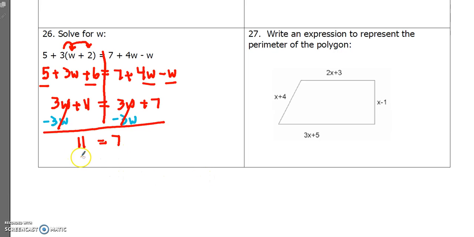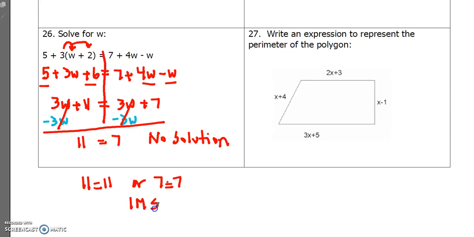If the two numbers are different from each other, that means we have no solution. If the two numbers were the same, that would mean we have infinitely many solutions. So you need to be very careful in this and make sure you understand. This means no solution. If I had 11 equals 11, or if I'd had 7 equals 7, that would be infinitely many solutions. Okay, so just make sure you know which one you have.